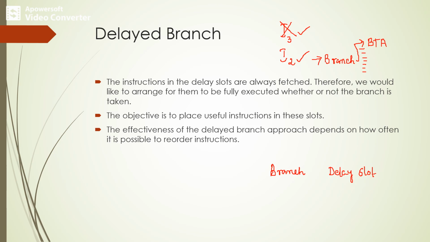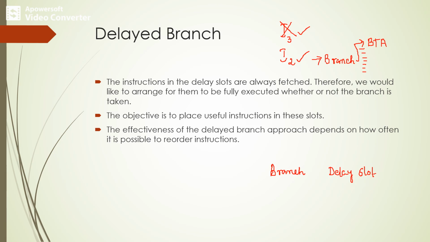If we have two branch delay slots in the program, one slot will be with respect to the previous branch instruction, and the other will be with respect to the second branch instruction. The instructions in the delay slots are always fetched and at least partially executed before the branch decision is made and the branch target address is computed.